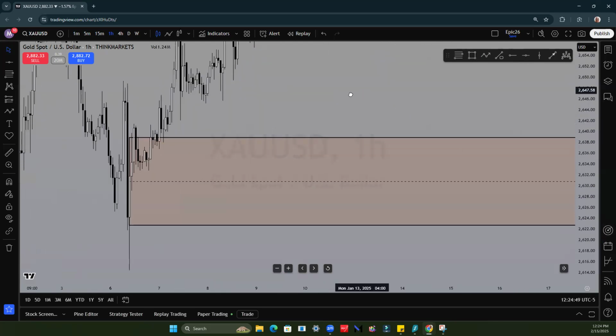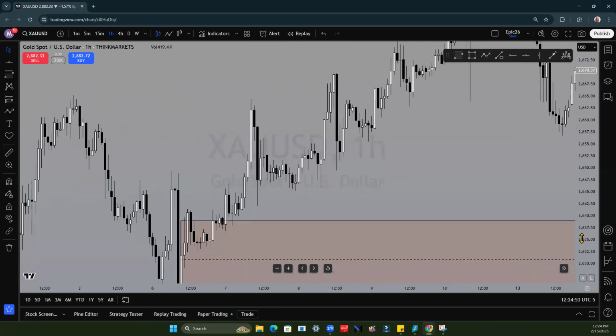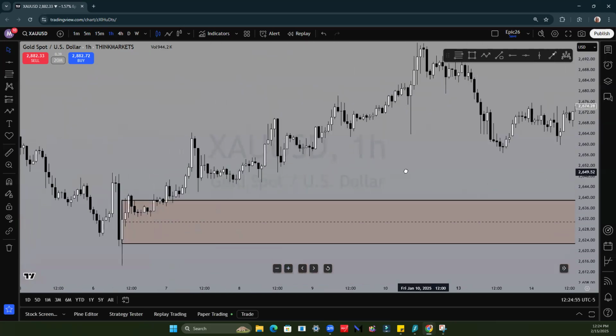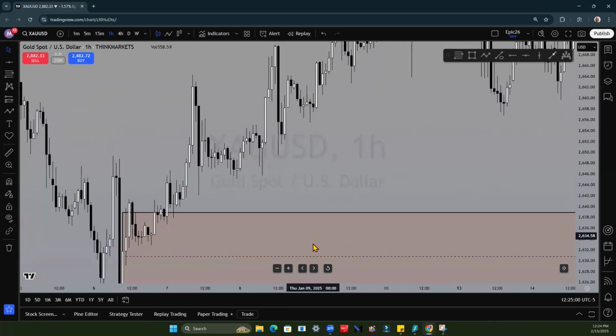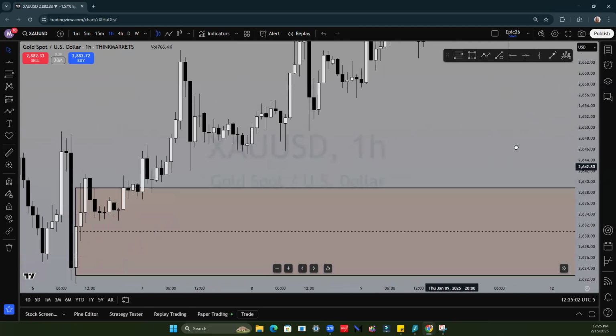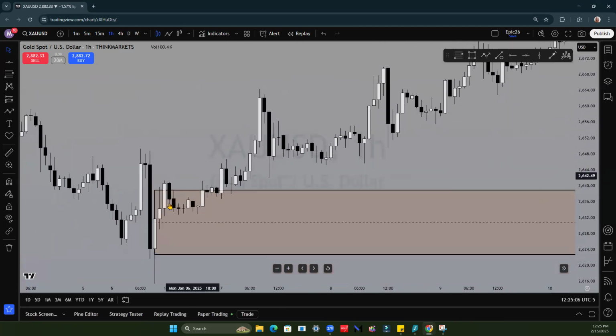Because what the market tends to do is it needs to fill in those gaps. Okay, so let's start marking them off. Okay, so were there any gaps here that the market filled?